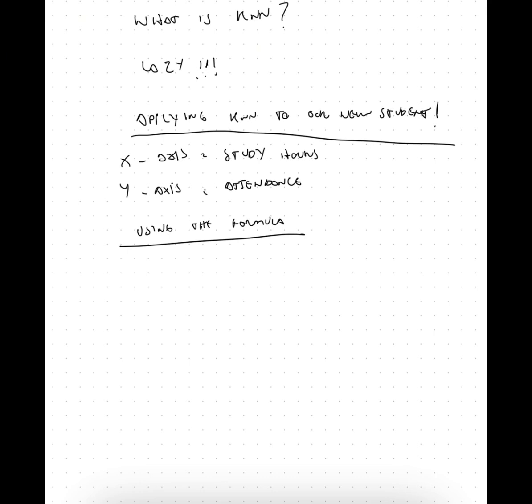Student B, 9, is 3.0. Student C, the total is 2, and the distance is 1.41. Student D, the total is 1, and the square root is 1 as well. And the fifth student, student E, we have 10, and it's 3.16.